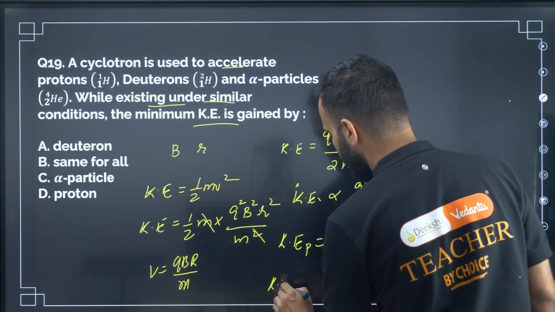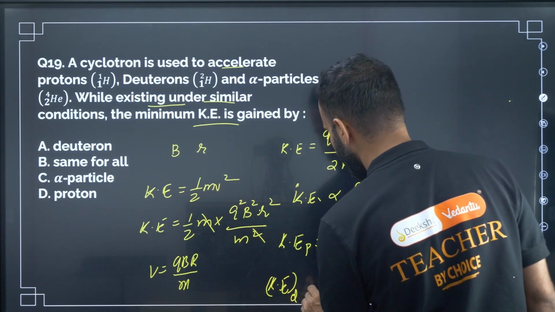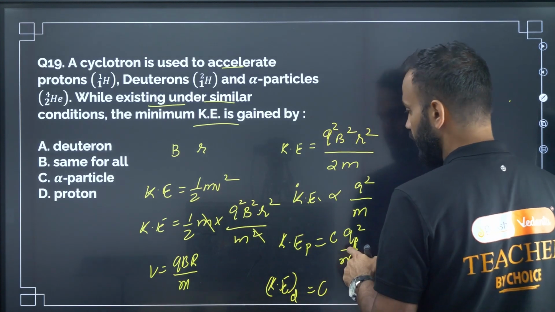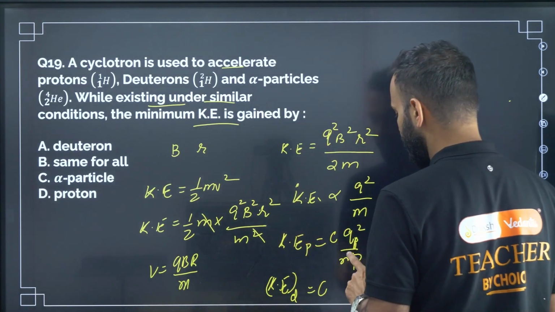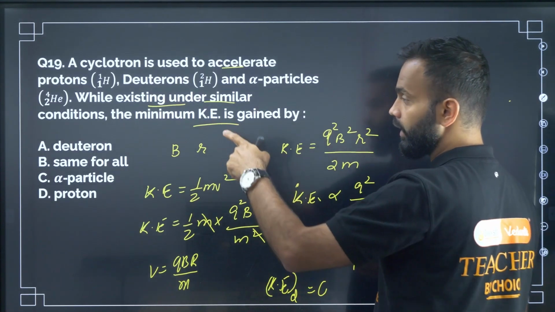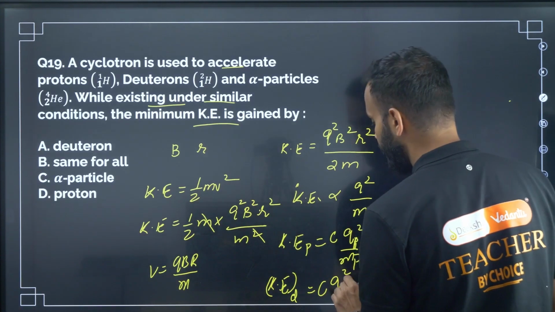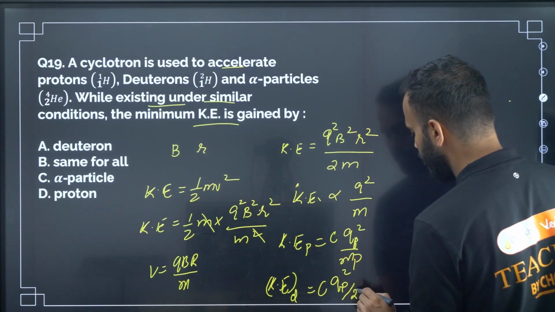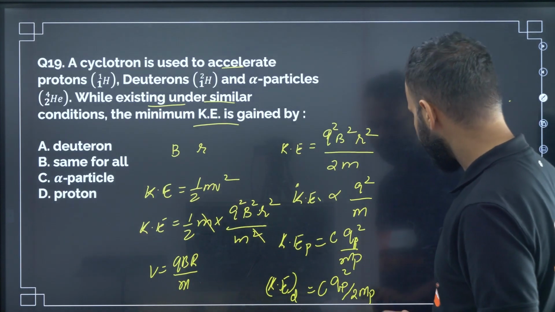For deuteron, kinetic energy is equal to c into, what is the charge of the deuteron? Charge of the deuteron is the same as the charge of the proton, that is qp square divided by, what is the mass of the deuteron? Mass of the deuteron is 2 times mass of the proton, right?